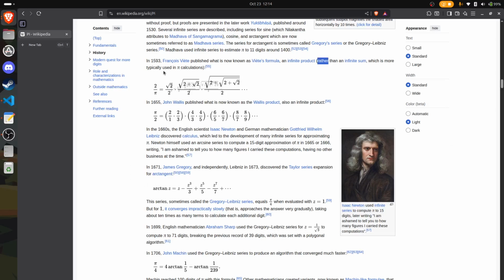So we calculate the top, and then we divide by 2.